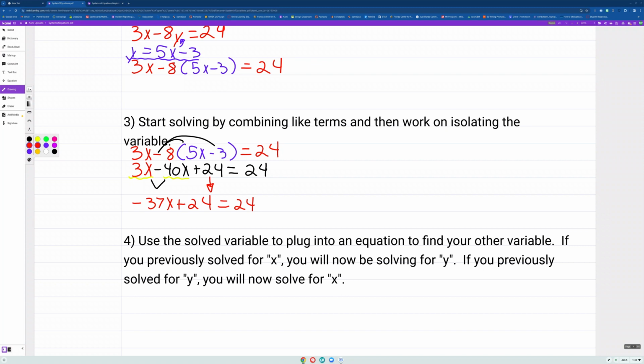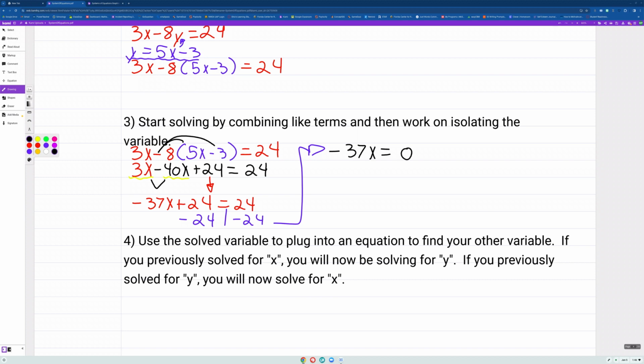I'm looking to isolate that variable. So if it's a negative 37x, what I can do is get rid of this 24. So I'm going to subtract 24 from both sides. Once I do that, I'm left with negative 37x is equal to 0.